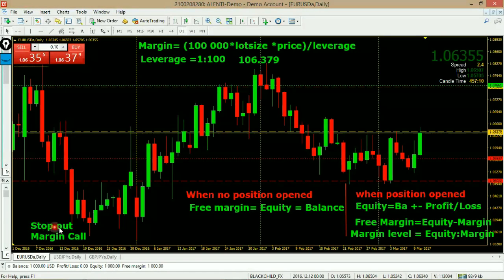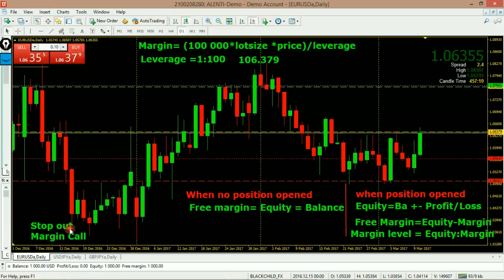Since your stop out level will be 100%, your margin level will be at 100%. That is the standard one, even though brokers can go further, until your margin level goes below 100%, to 90, 80.